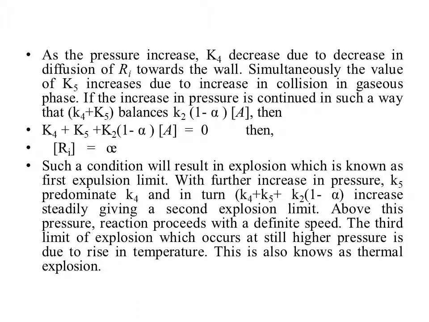Above this pressure, reaction proceeds with a definite speed. The third limit explosion, which occurs at still higher pressure, is due to rise in temperature. This is also known as the thermal explosion.